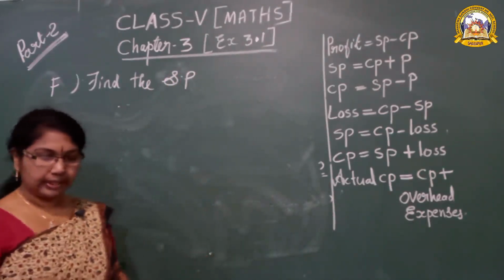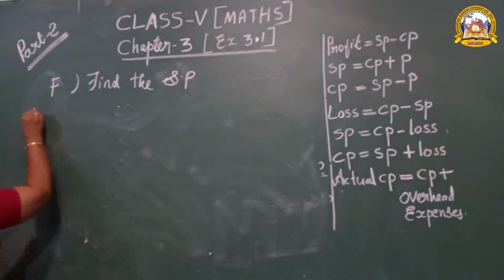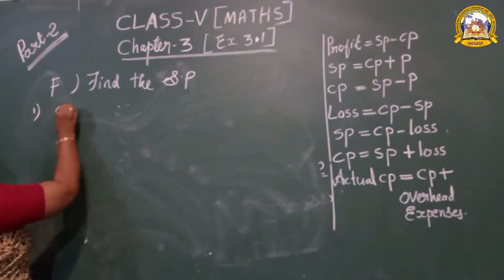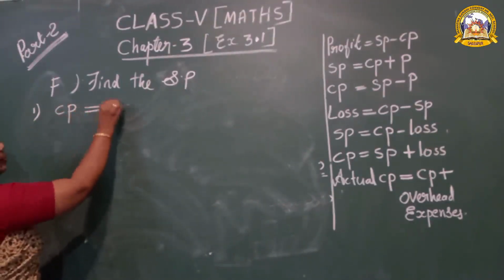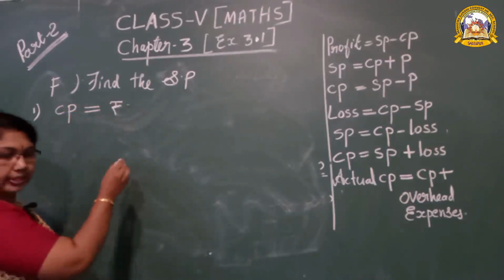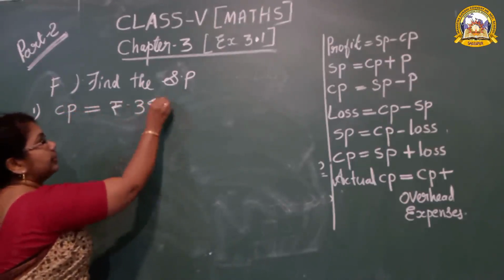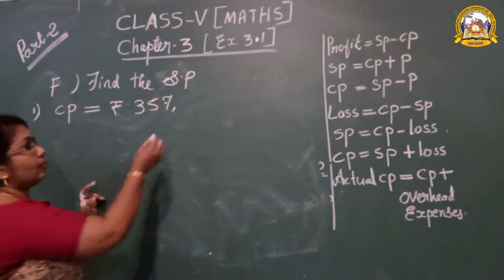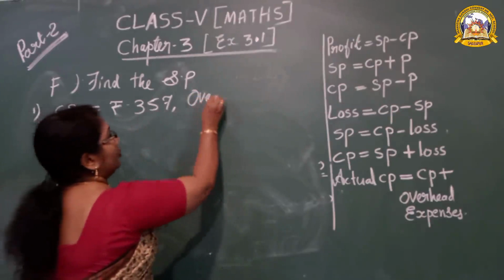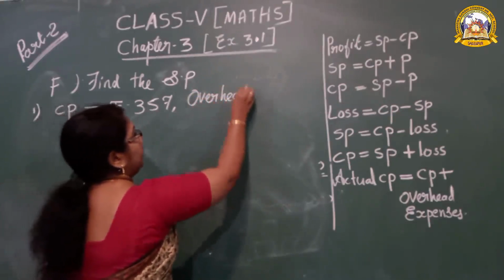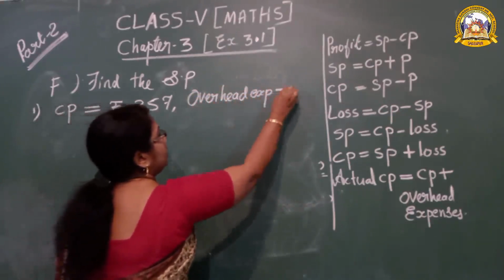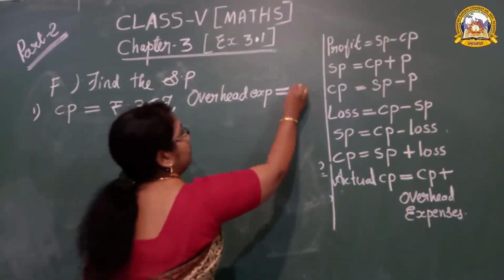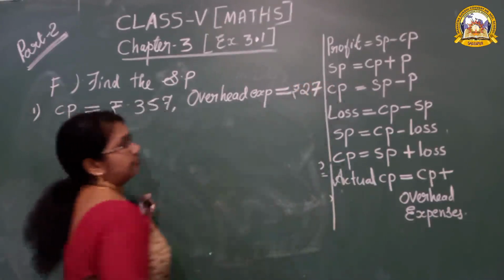Yes, look at the first question. Question number 1, what is written there? Cost price is equal to rupees 357. Then overhead expenses is rupees 27.